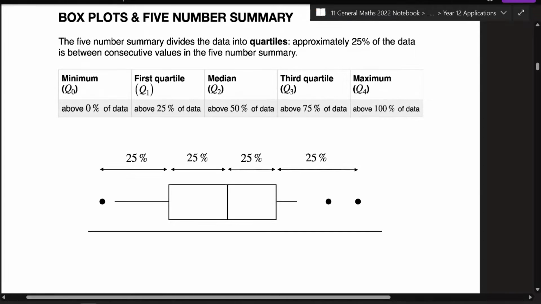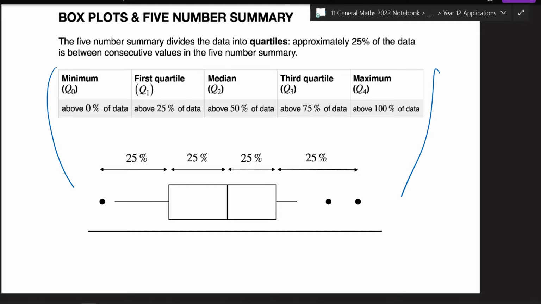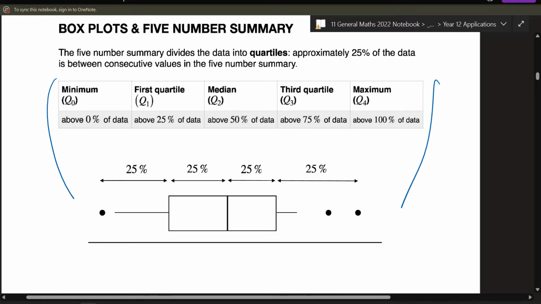Now, the interesting thing is with your 5-number summary, when you translate it into a box plot, the box plot is a visual representation of all the values. What it does is it splits all the data into quarters, as Rocco mentioned.